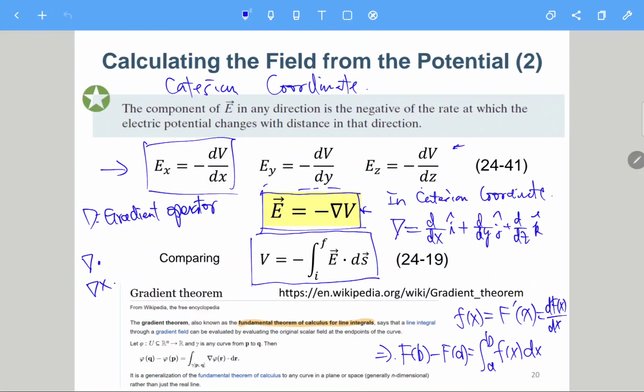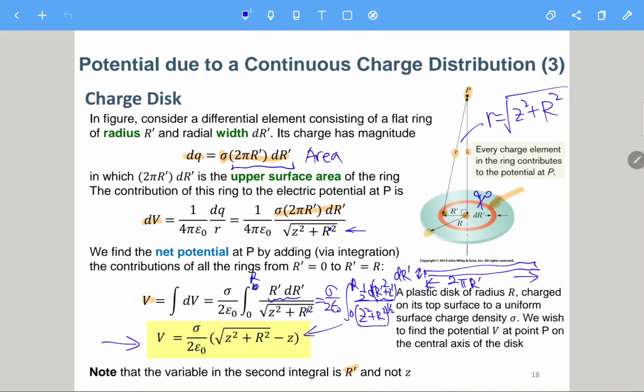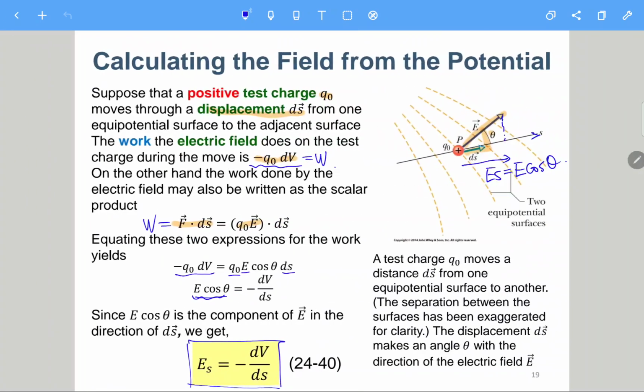Now you can imagine that this integration is slightly easier than integrating the E field directly, because V is a scalar. When you integrate, you don't need to care about the vector decomposition over the x-axis, y-axis, z-axis, because that may make you make mistakes.